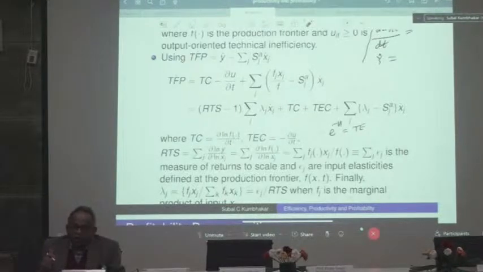So again, you have this component which is picking up all those things. That is, you have more than one input. So you may have labor that is used efficiently, but capital is overused or underused. You might have a tractor sitting there and you are using it only on certain days.